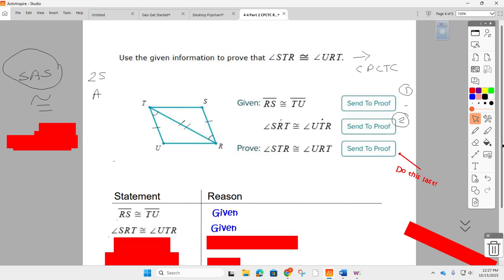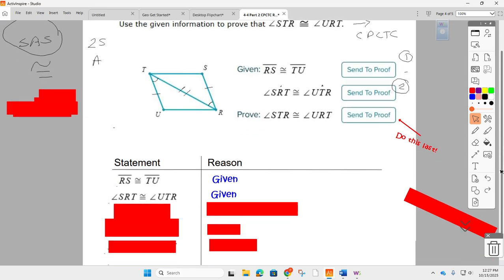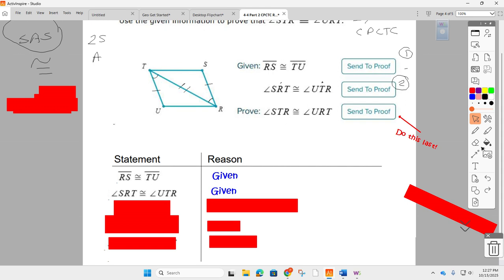So we have a side and an angle. The only other side we mark is TR or RT, doesn't matter. And we know that that segment is congruent to itself by the reflexive property.